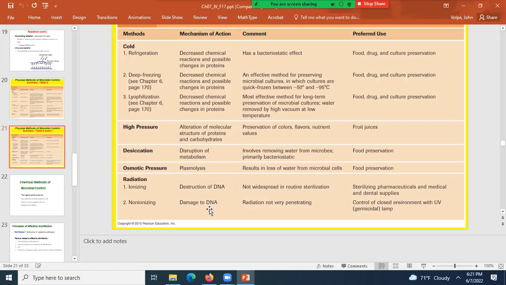Non-ionizing radiation is UV light, where it damages DNA by causing thymine dimers in adjacent thymines. So the thymines have to be adjacent to each other.